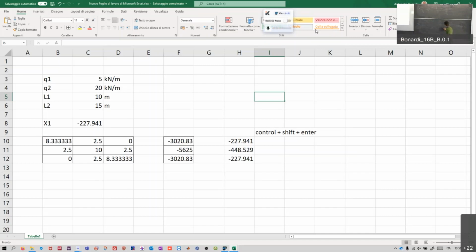Then we have the shear force in the generic axis X, that is equal to the shear force that is transmitted by the previous beam, so TAC computed in L1, plus VC, minus Q2 times X. Again, it depends on X. So we can compute the value in 0, and it is equal to this stuff.